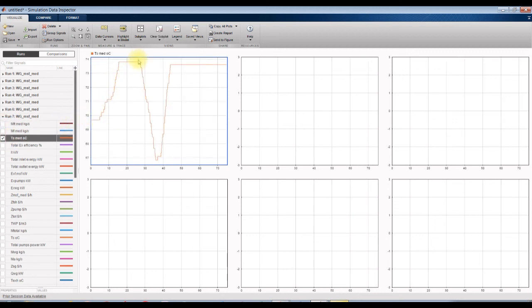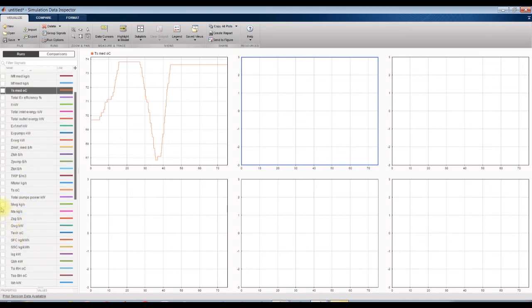Yes, there's an effect, because we changed many times the pressure of the flash cycle. So this is decreasing or increasing the steam. This is top brine temperature effect, and so on. You can discover many parameters.